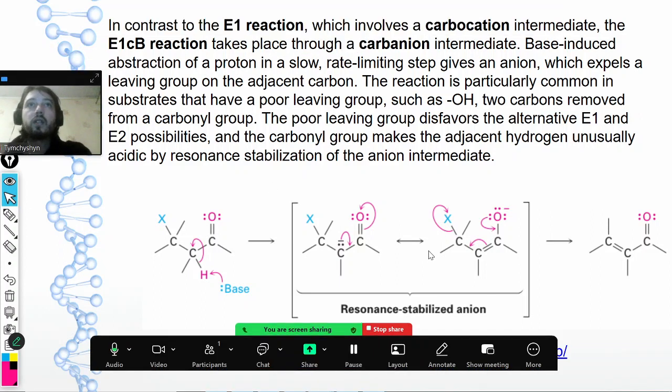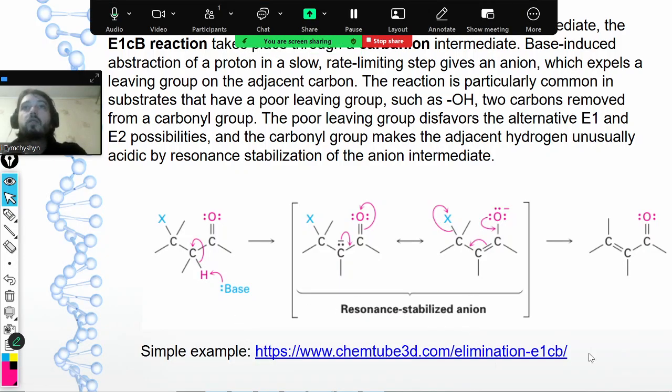I will not get into many details. In contrast to the E1 reaction, which involves a carbocation intermediate, the E1CB reaction takes place through a carbanion intermediate. So we have a negative charge here on the carbon atom, and base-induced abstraction of a proton in a slow rate limiting step gives an anion which expels a leaving group on the adjacent carbon.